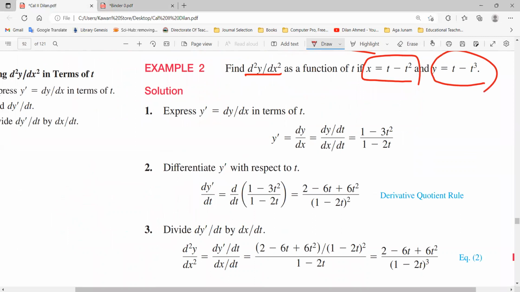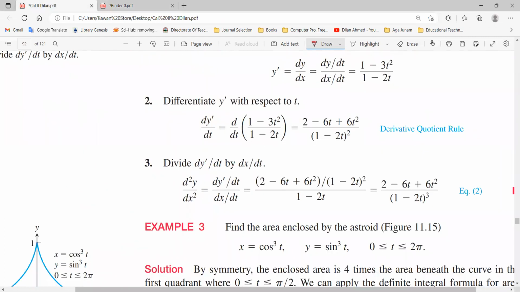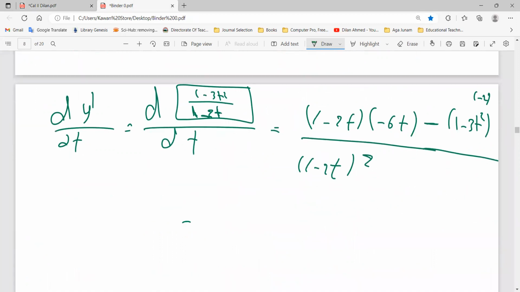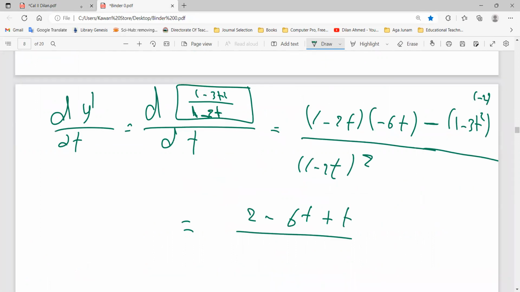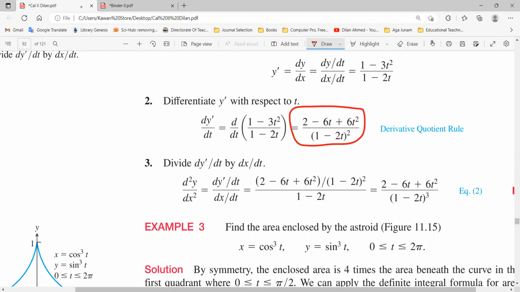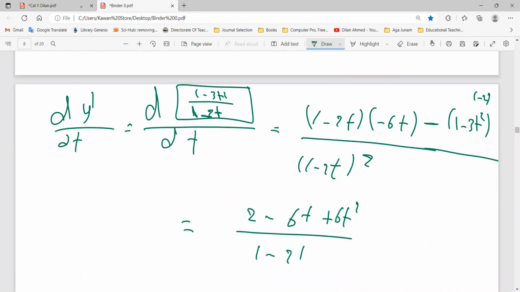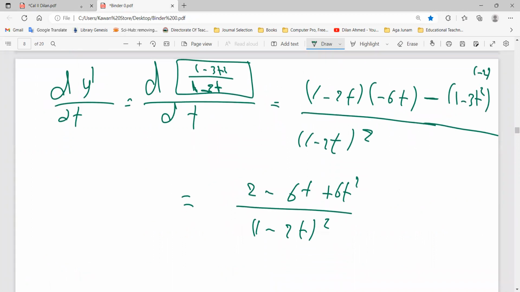And the result, as you know, I'm lazy for that. And the result will be what? Here we are: 2 minus 6t plus 6t squared, and of course over the denominator squared. Okay, this is the d y prime over dt.